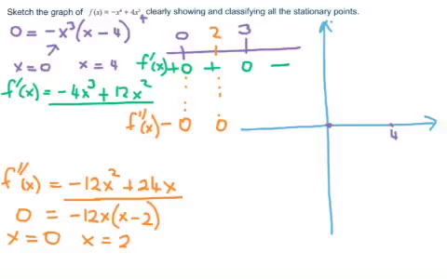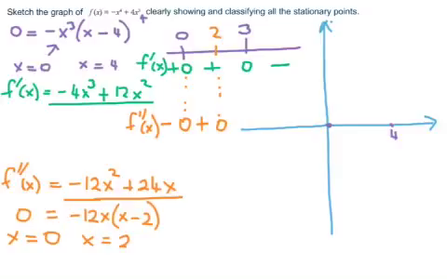Okay, so I want a number between 0 and 2. I'm going to choose positive 1. So I'm going to have negative 12 plus 24. So that's going to be positive. And then just any number to the right of 2. Once again, I'm just going to choose 10.